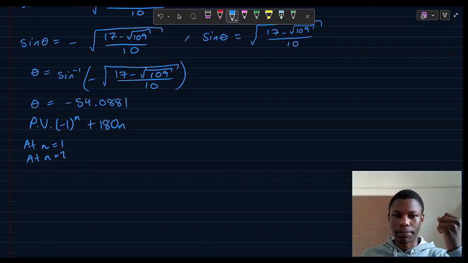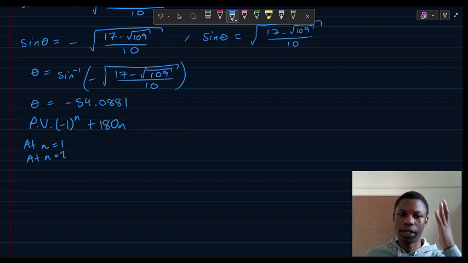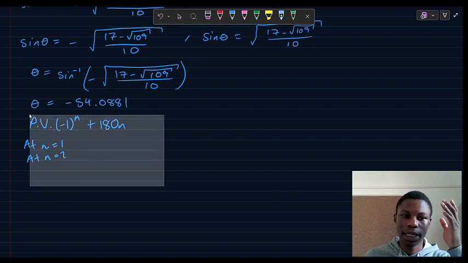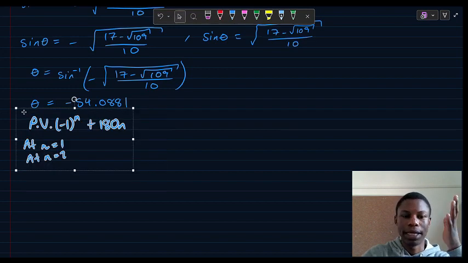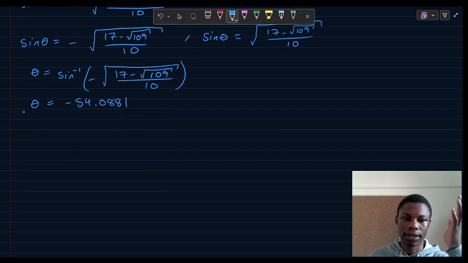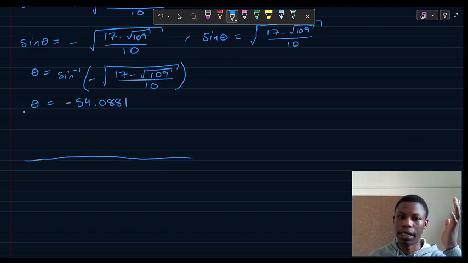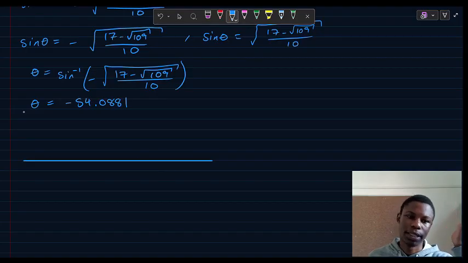But the way that I prefer to do this nowadays is to just sketch out my sine graph. In this case, since we're solving an equation in sine, we can sketch out a sine graph. If you were dealing with an equation in cos, you'd sketch out a cos graph, right?